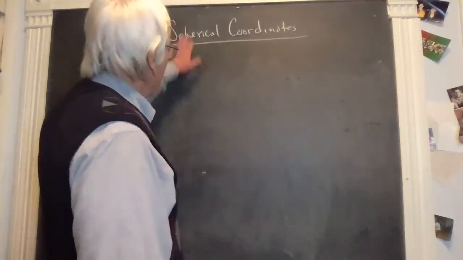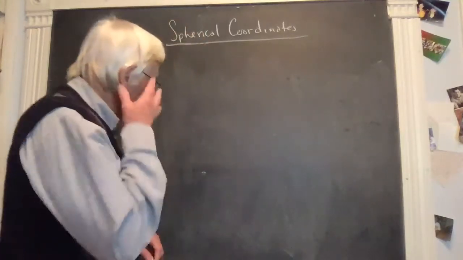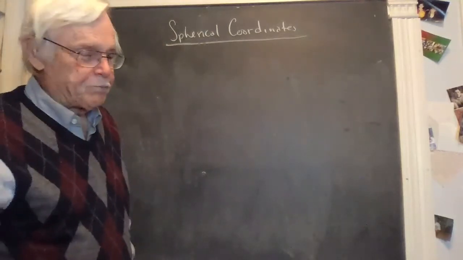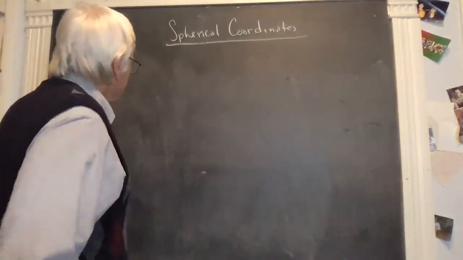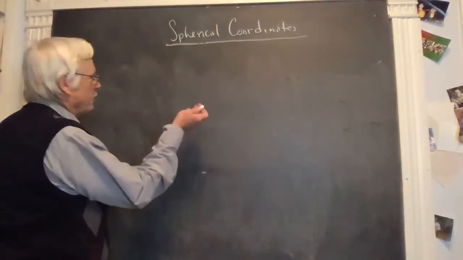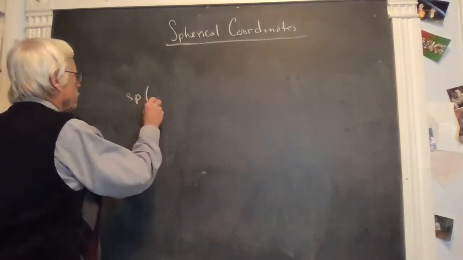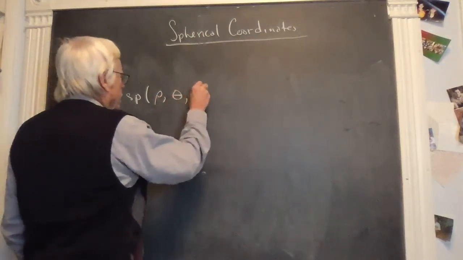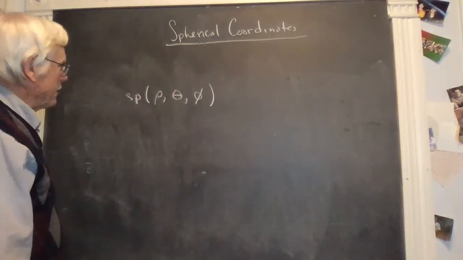But today I want to talk about spherical coordinates and how spherical coordinates work. So spherical coordinates, in my opinion, are the real polar coordinates of higher dimensions. I could introduce these a couple ways, but let's do it this way. The spherical coordinates have three variables, typically labeled rho, theta, and phi.